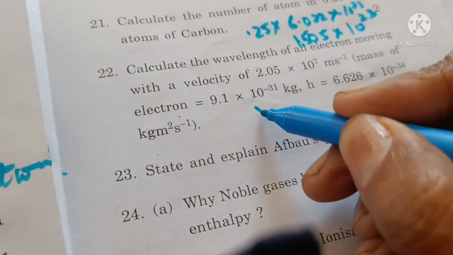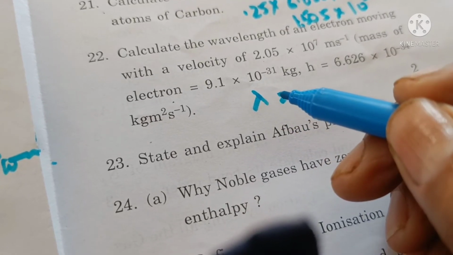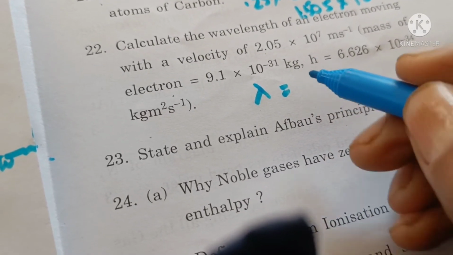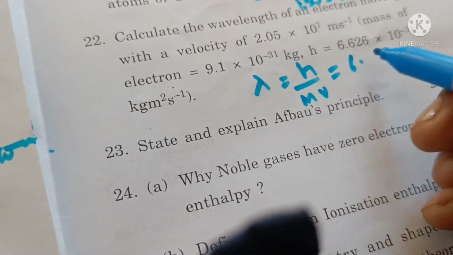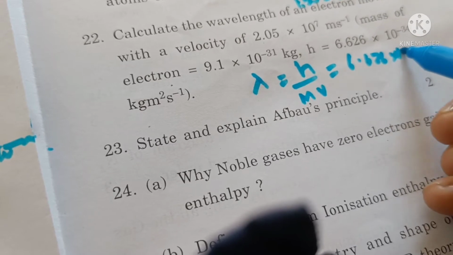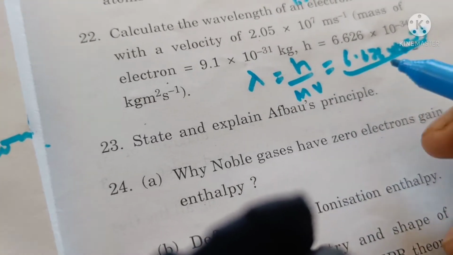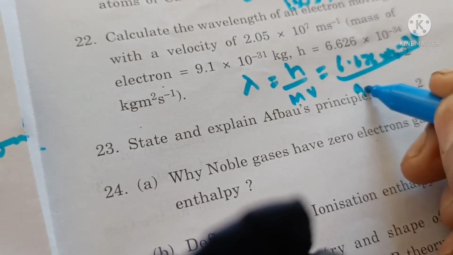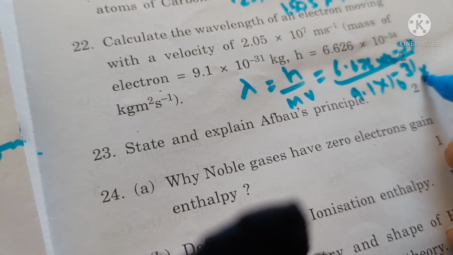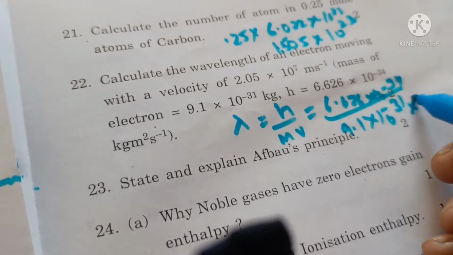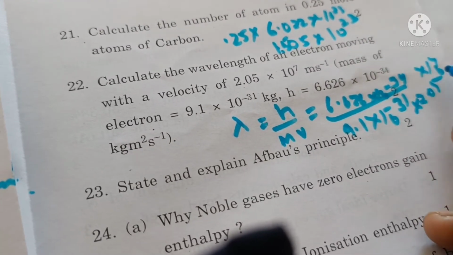So we know that according to de Broglie equation, lambda is equal to h by mv. h is 6.626 into 10 raised to power minus 34 upon m. Mass is 9.1 into 10 raised to power minus 31 into v is 2.05 into 10 raised to power 7.